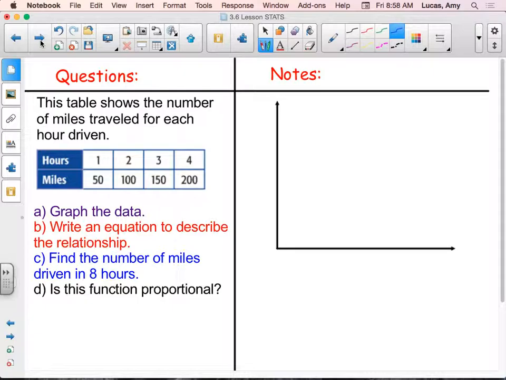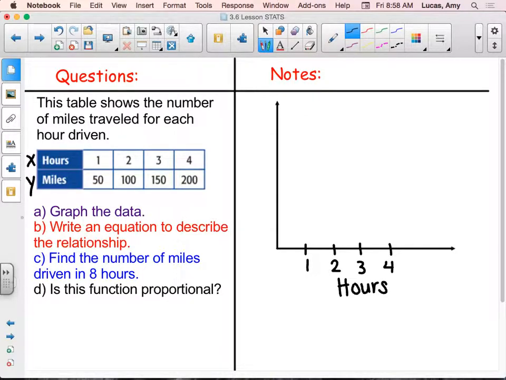So I am going to graph this data. Remember that our X and Y axis, our X axis is where we will display our input or independent variable. So our independent variable is going to be time. So I'm going to start with 1, 2, 3, and 4 and label hours for my time.